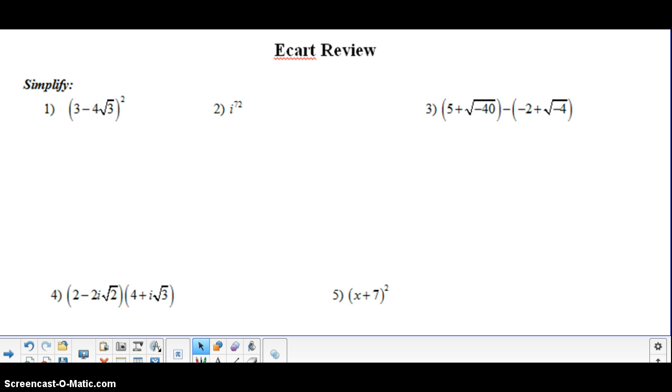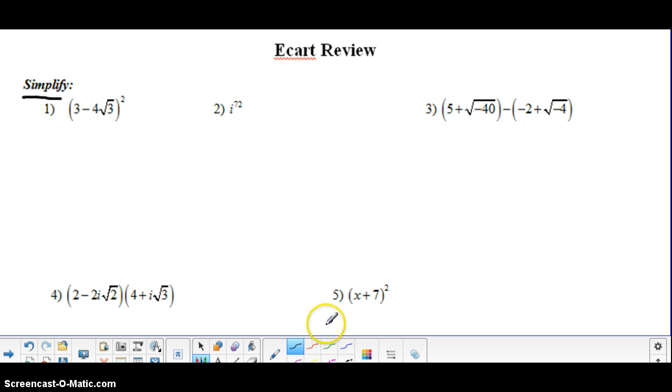All right, for number 1, the first thing that I notice is our directions here are talking about simplifying. So our whole section here, 1 through 5, they want us to simplify. In number 1, I'm looking at this exponent and thinking about what that means.